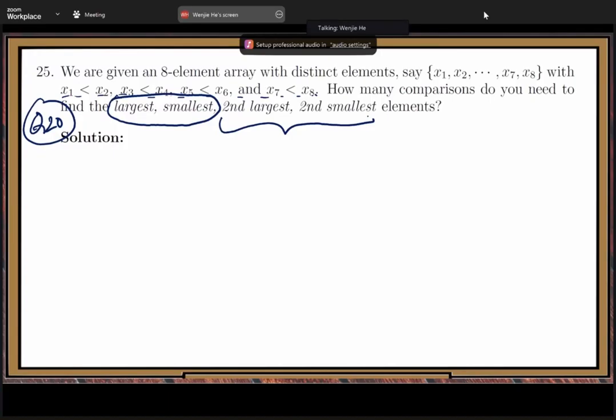All right? But the basic setting, you can use that of question number 20. But you need to do extra work, because second largest, second smallest. After you get the largest and smallest, you need to do extra work.